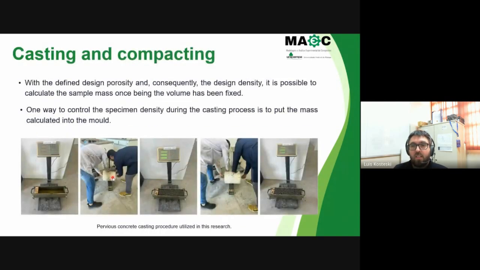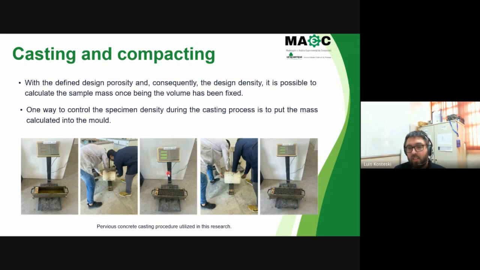Well, the casting and compacting. We define a density that we need to have in the concrete, and we calculate the weight that our specimen must be, and we put all the material in the molds. Then we compact them and verify the weight.